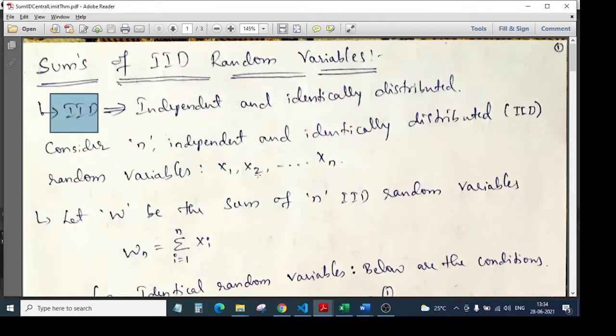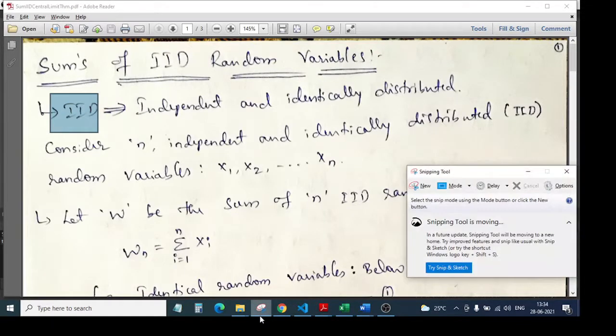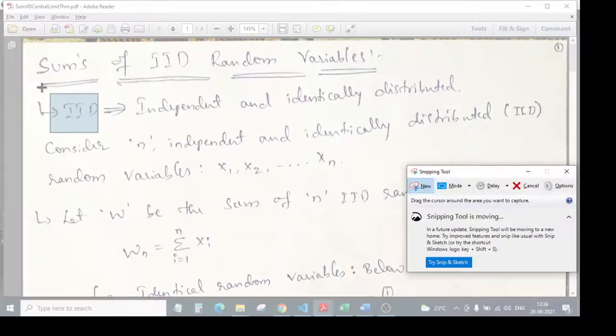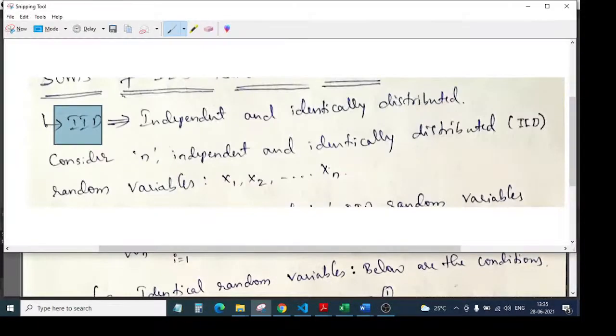Sometimes we just denote it by IID, or sometimes we denote it by i.i.d., with dots. This is one more notation which we'll use.